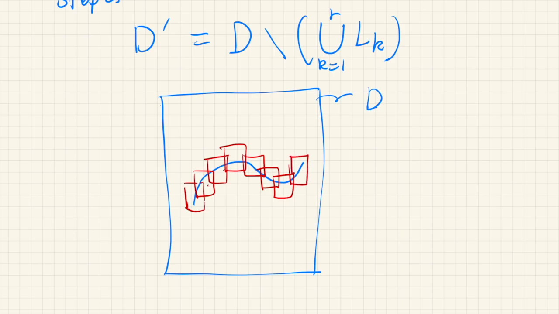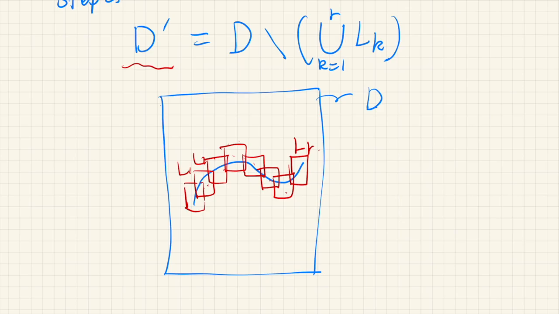These are L's, like L1, L2, and so on, up to LR. We remove the union of these red rectangles from the set D, and that is defined as D prime.